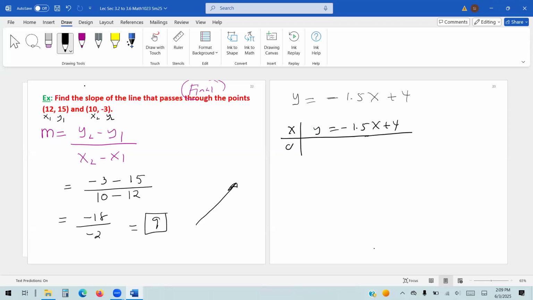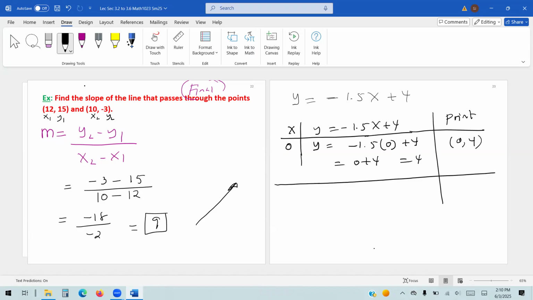First, we can put x equals 0, so we get y equals negative 1.5 times 0 plus 4. That gives us 0 plus 4, which is simply 4. So the point you get from here is (0, 4). Then you can pick another point, for example, 2. If you multiply 1.5 by 2, it will turn into 3.